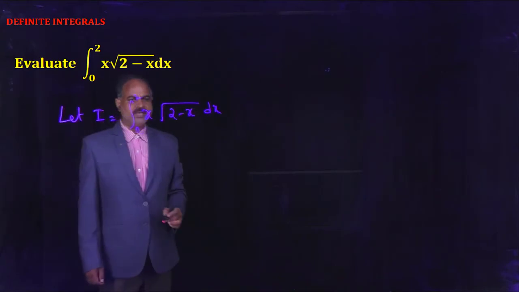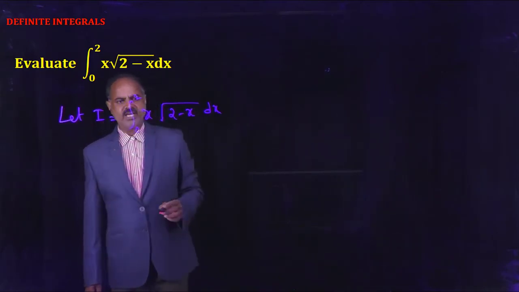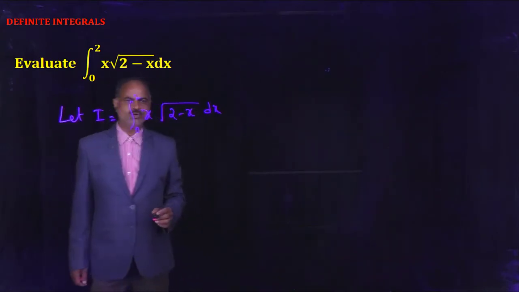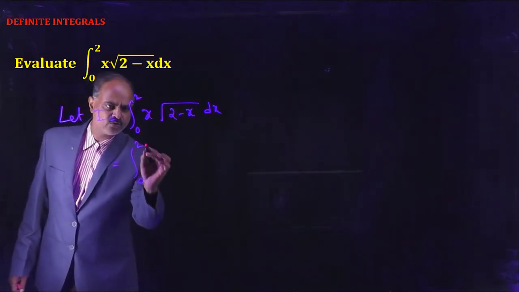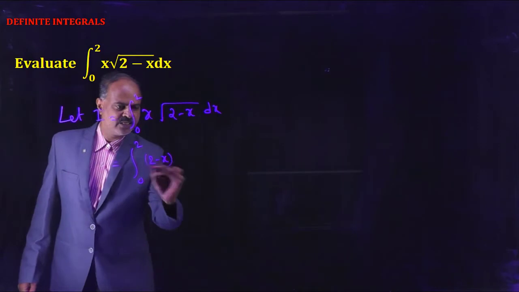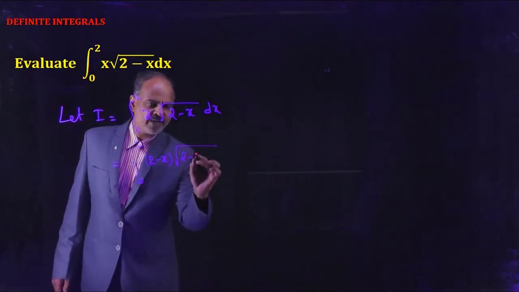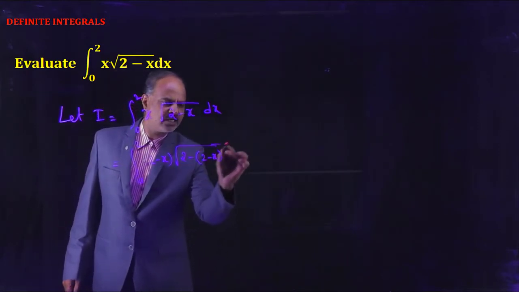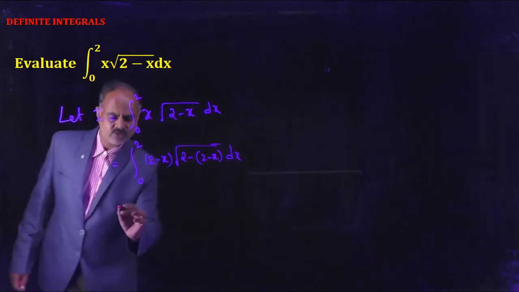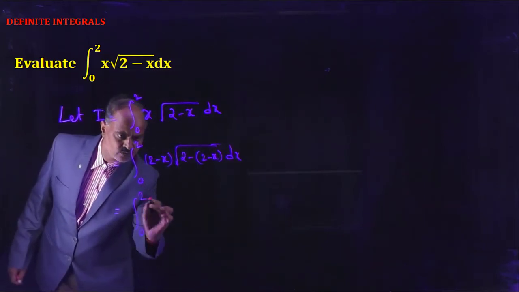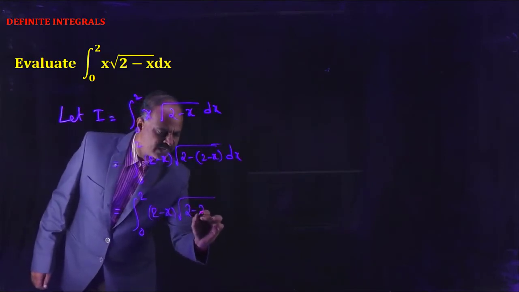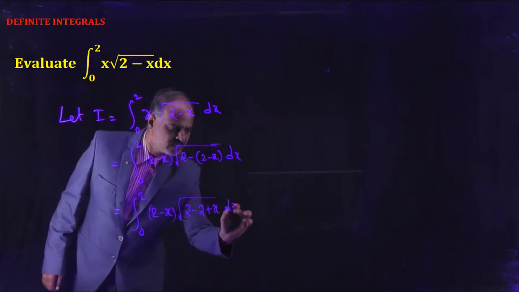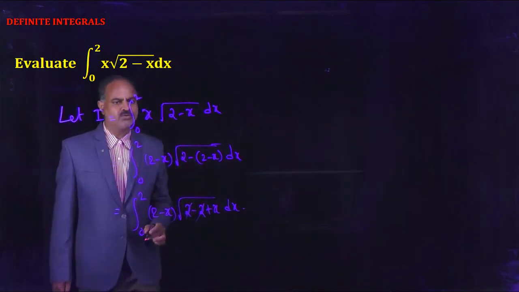By applying the property integral 0 to a f of x dx equal to integral 0 to a f of (a minus x), now this is equal to integral 0 to 2 of (2 minus x) into root over (2 minus (2 minus x)) dx. Now this is equal to integral 0 to 2 of (2 minus x) into root over (2 minus 2 plus x) dx. So here minus 2 and plus 2 get cancelled.